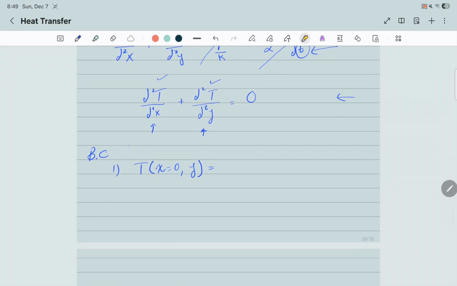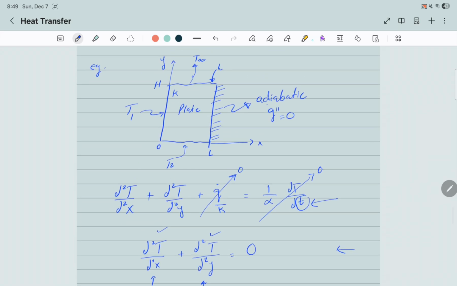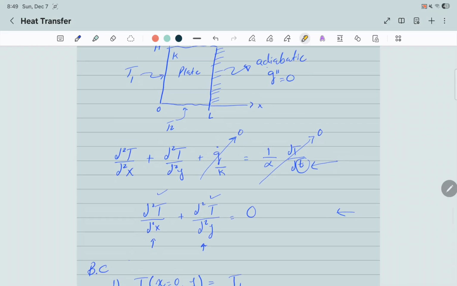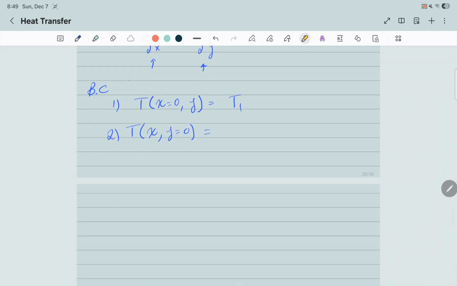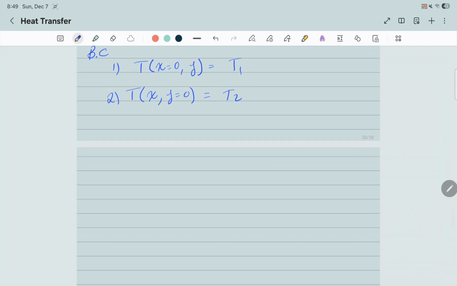And the temperature at y equals 0 and any point of x, that'll be your T2. That's your second boundary condition.